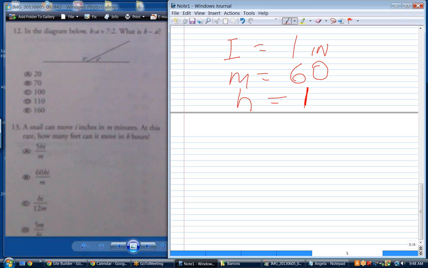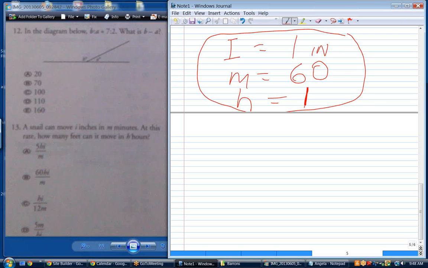So now, internally, without trying to memorize formulas, if a snail can go 1 inch in 60 minutes, how many feet can it move in 1 hour?